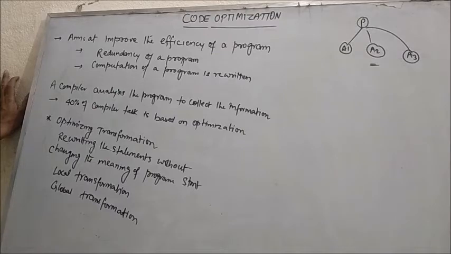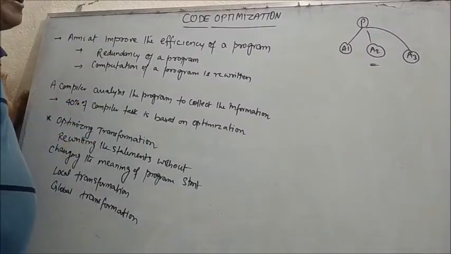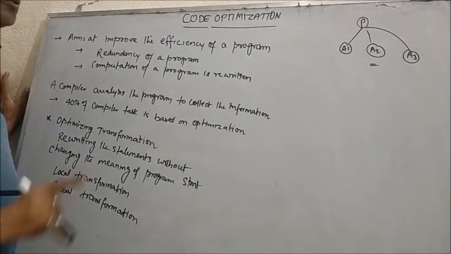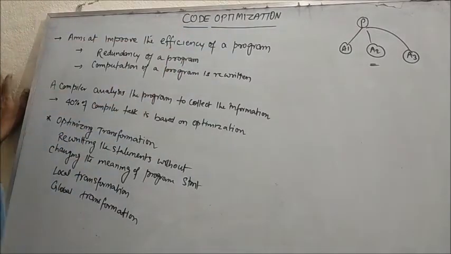Code optimization means optimization of code. Suppose we have so many codes. Out of so many codes, can we analyze that some codes are redundant? And if some codes are redundant, then the redundancy should be eliminated to improve the efficiency of a program.